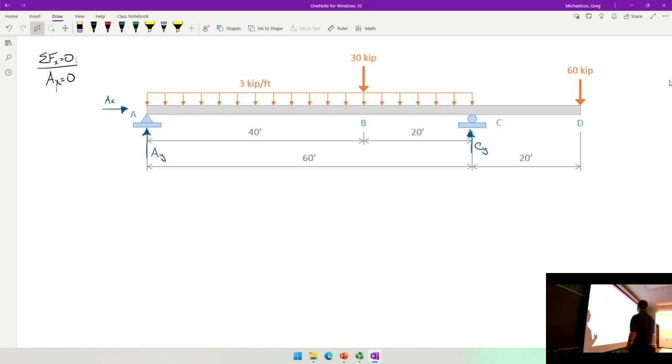I have 3 kips per foot every 60 feet, so 3, 6, 9, all the way over, and then we have 180. Now, if I were to idealize that 180 kips in a single spot, how far from A would I place it? 30, just 100% right.